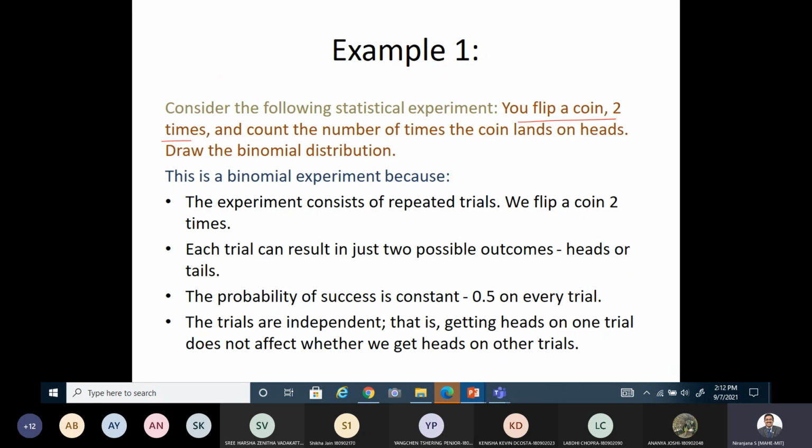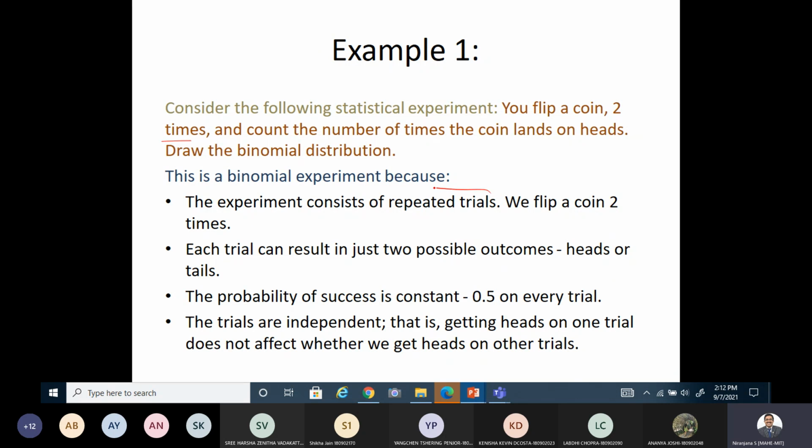Flip once and once again you flip it. That's why we call it 2 times, right? And count the number of times the coin lands with head. So getting head when you are tossing a coin 2 times is the focus here. What are the possibilities of getting head? That you try to understand and describe that particular class with the help of distribution.